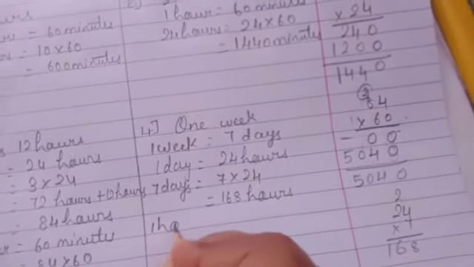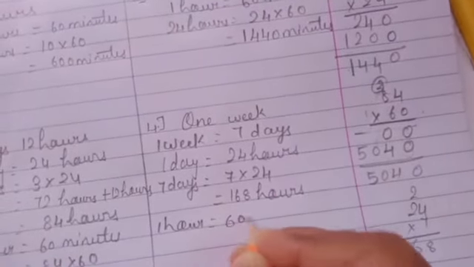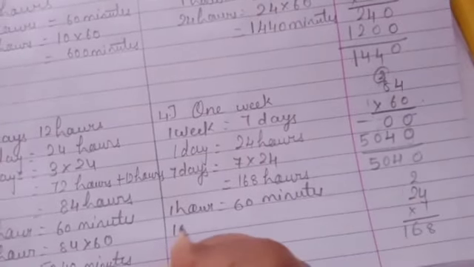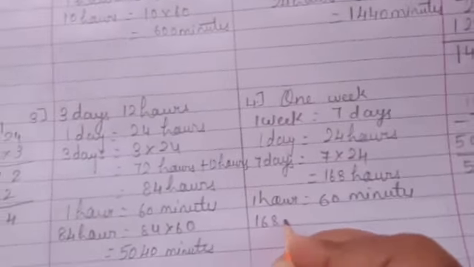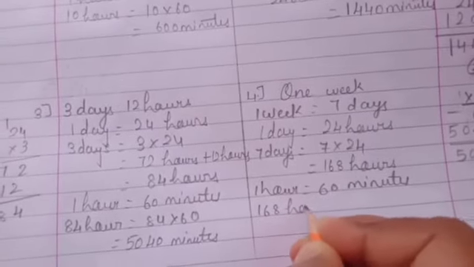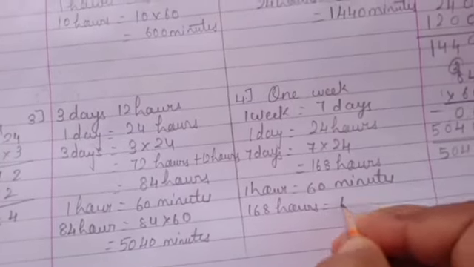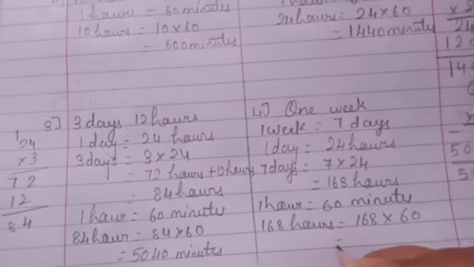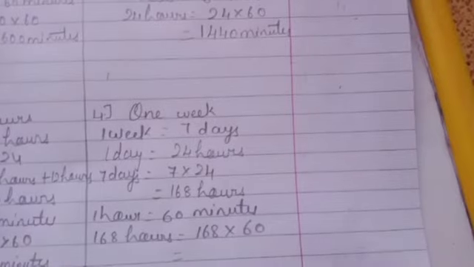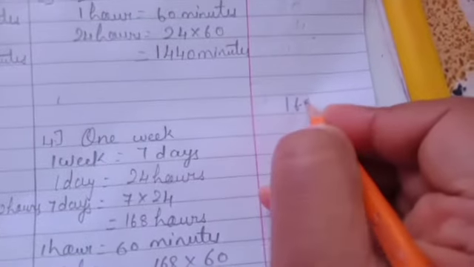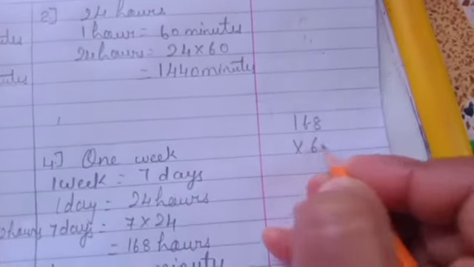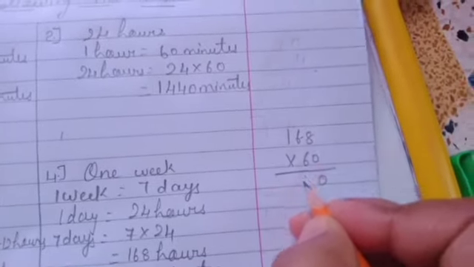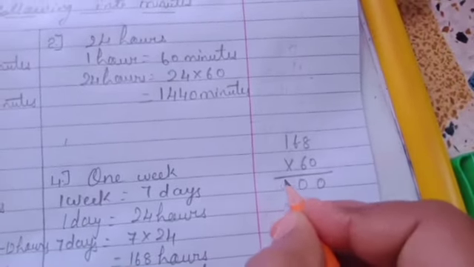So 1 hour equal to 60 minutes. We are having 168 hours. So 168 multiplied by 60. This we have to multiply. We will start with 0. 0 eights are 0. 0 sixes are 0. 0 ones are 0.